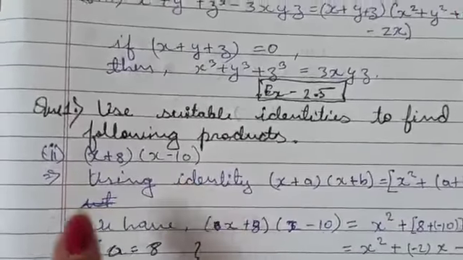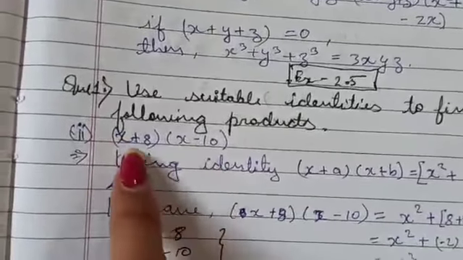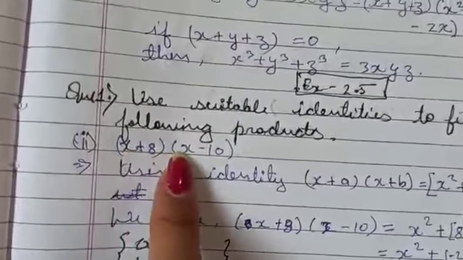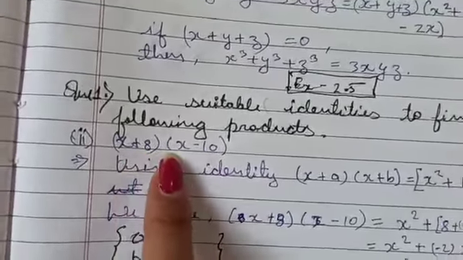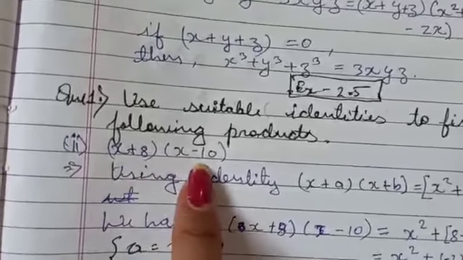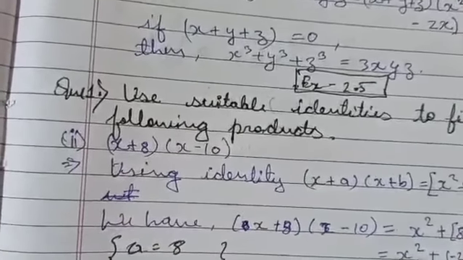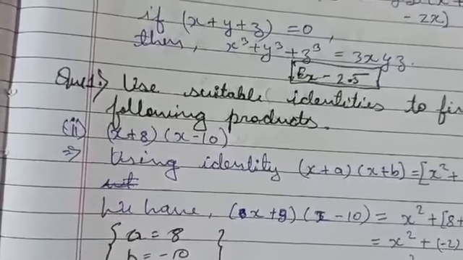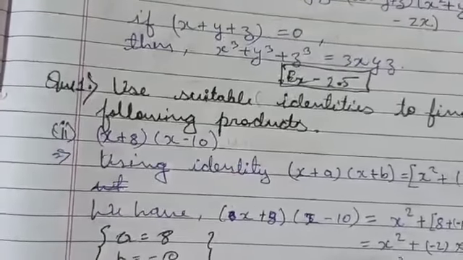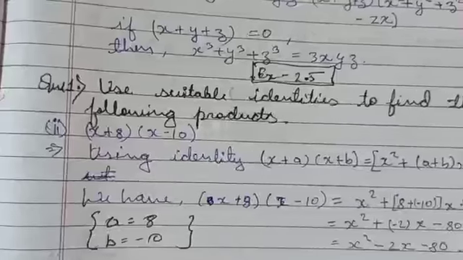Instead of multiplying manually, like x multiplied by x, then x multiplied by minus 10, then 8 multiplied by x, then 8 multiplied by minus 10, we can use the identity. It will be easier to find the product using identities.